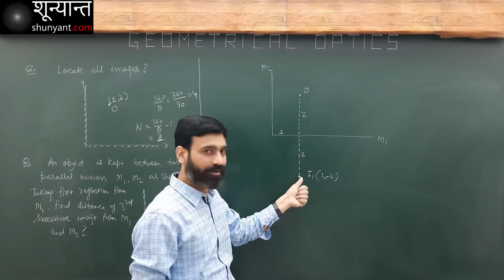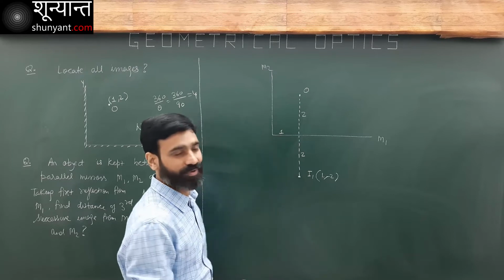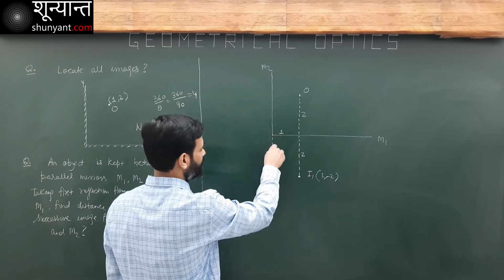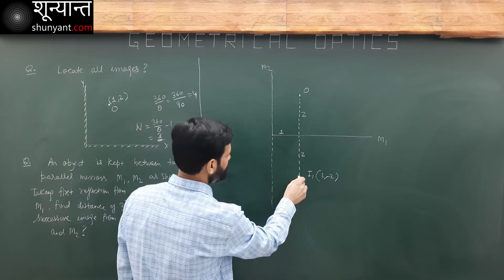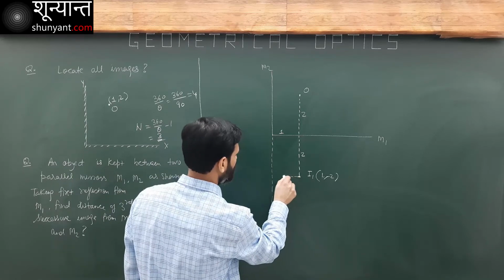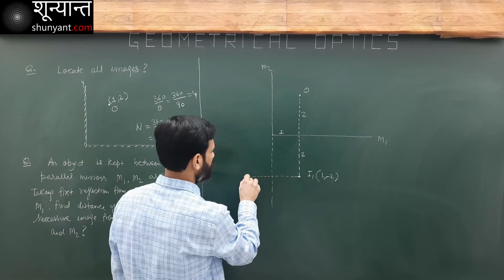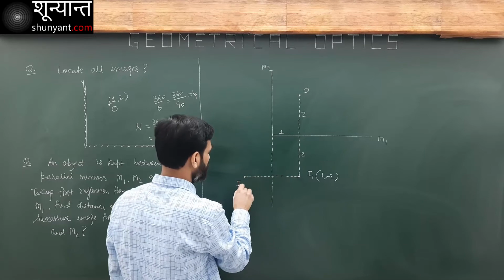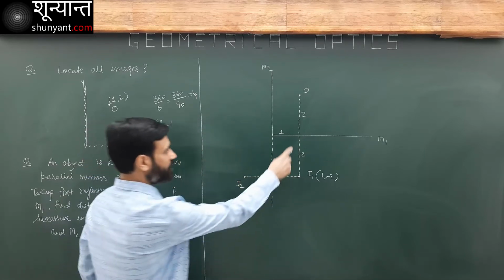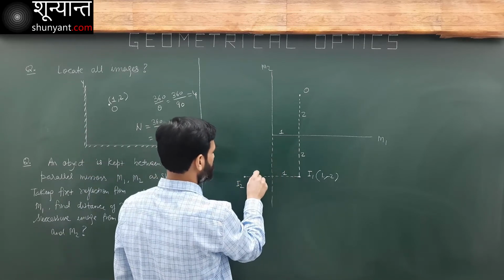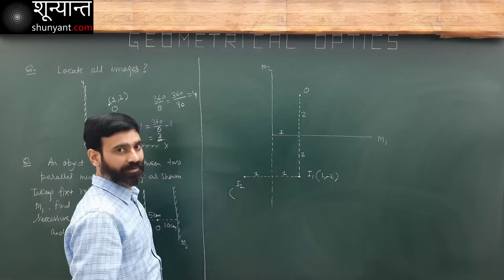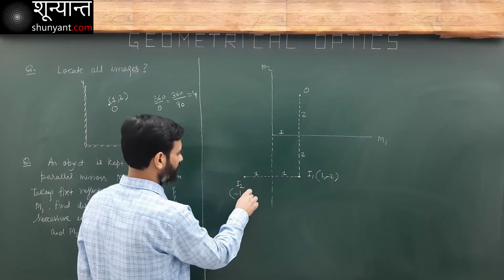Now this becomes an object for M2, the second mirror, and this will form an image at the same distance behind the mirror. This becomes I2. Distance will be same. If this is 1, this also is going to be 1. So what will be the coordinate? It will become minus 1 and minus 2.